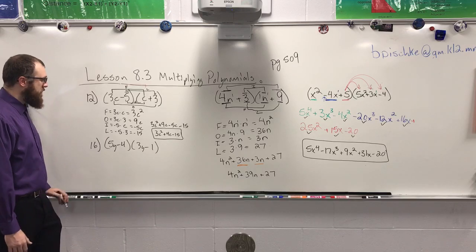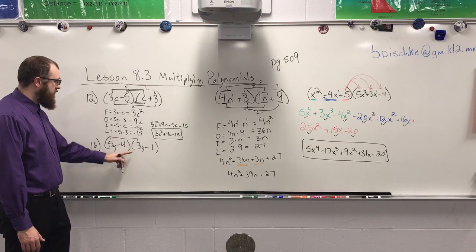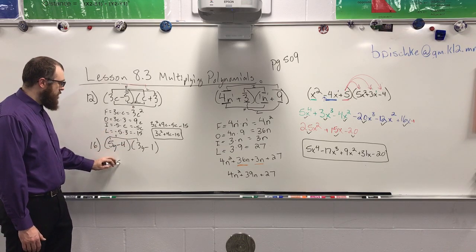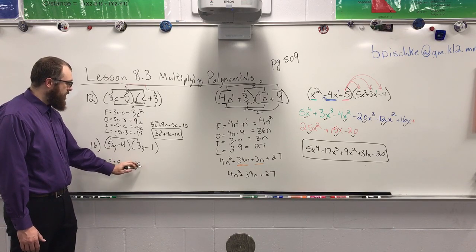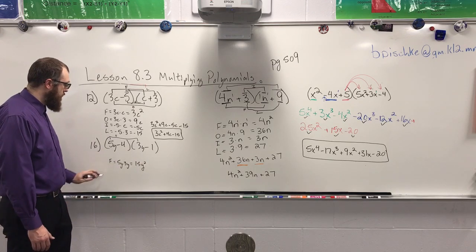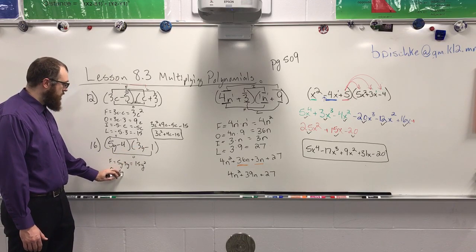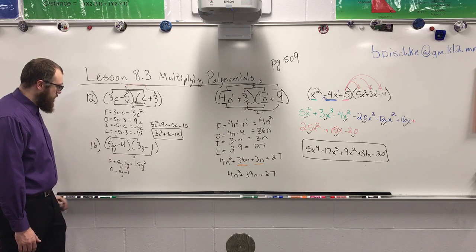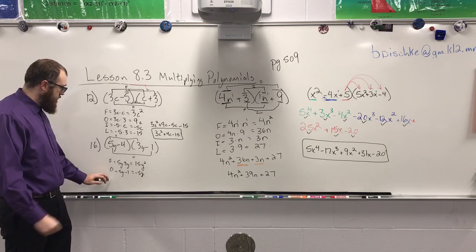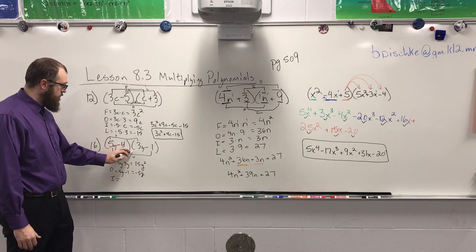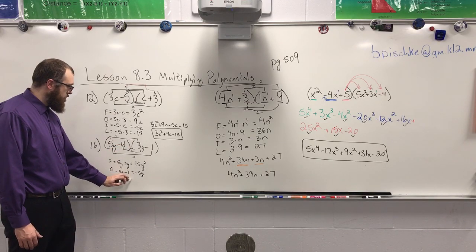Very similar on number 16. Firsts, 5y times 3y. 5 times 3 is 15, y times y is y squared. Outsides, 5y times negative 1. 5y times negative 1 is negative 5y. Insides, negative 4 times 3y.